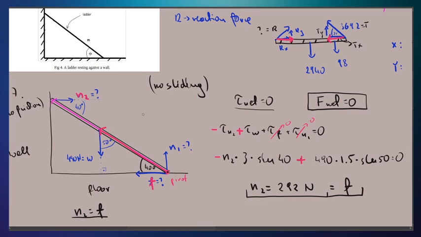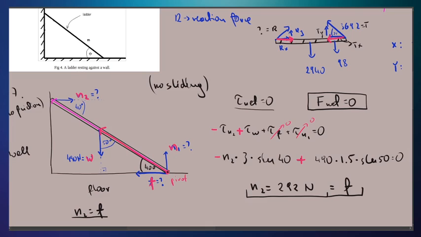Also, this ladder is not moving down, its center of mass is not moving down, its center of mass is not moving up, and so all of the forces that point down must be equal to all of the forces that point up. Now what forces point down? Here's the force that points down. It's this weight here. And what's the force that points up? It's this normal force. So they must be equal.